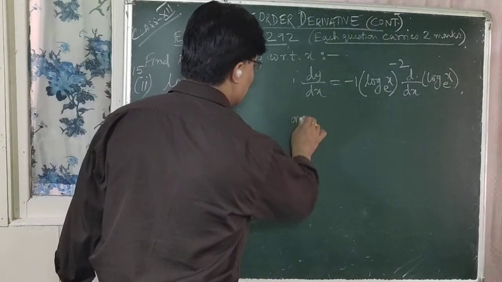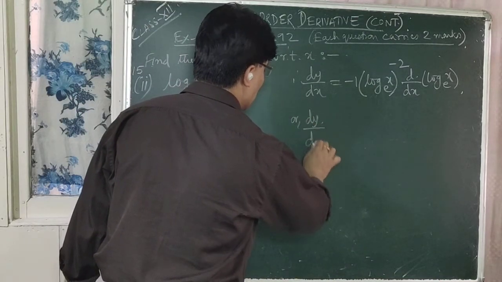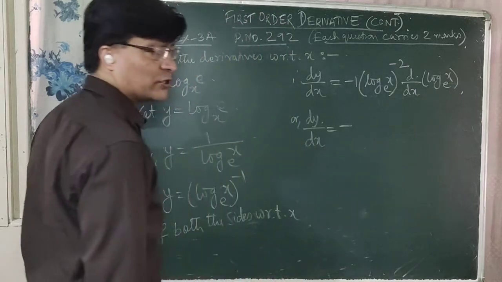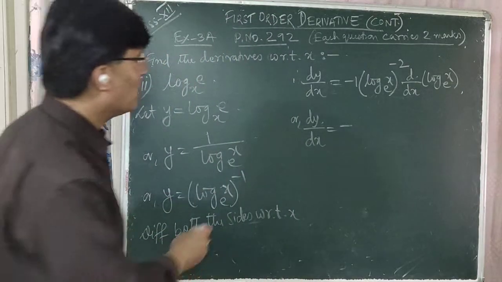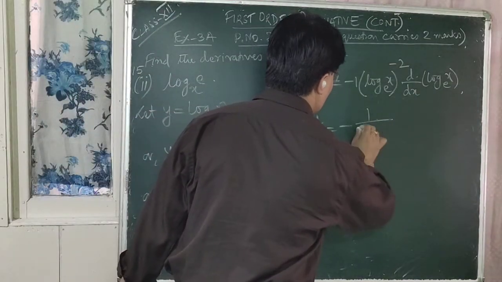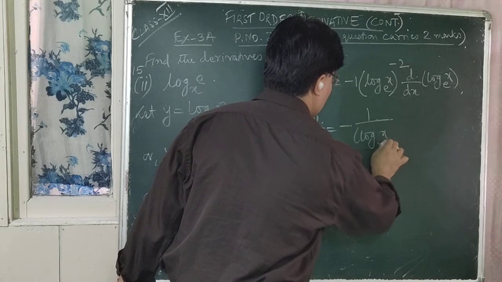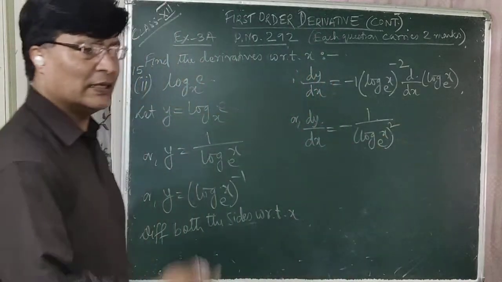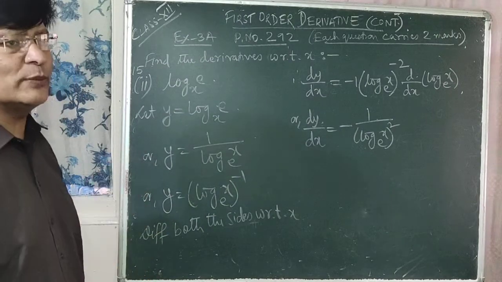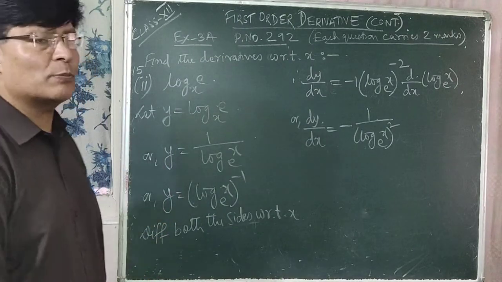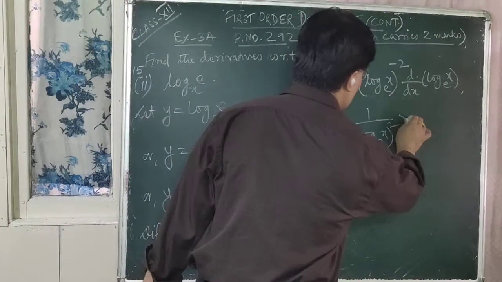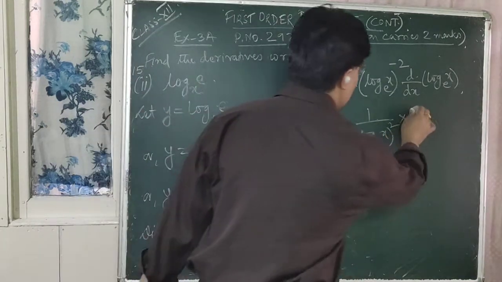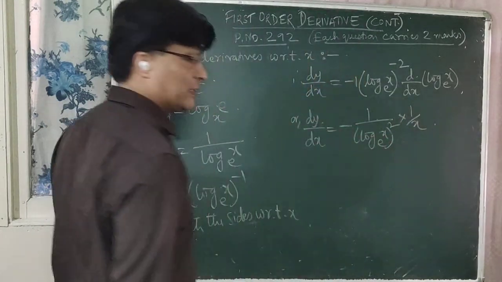So dy by dx is equal to minus, what is log x base e whole to the power minus 2? It is 1 upon log x base e whole square. It is simplified. It is taken to the denominator. We are making the power positive. So into, what is dy by dx of log x base e? It is 1 upon x.